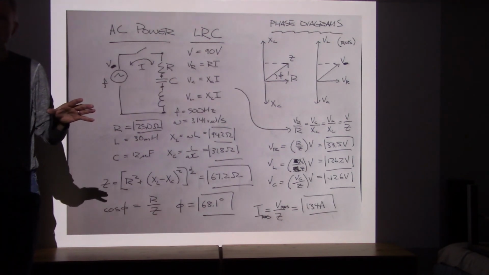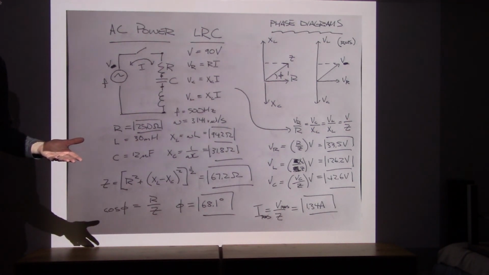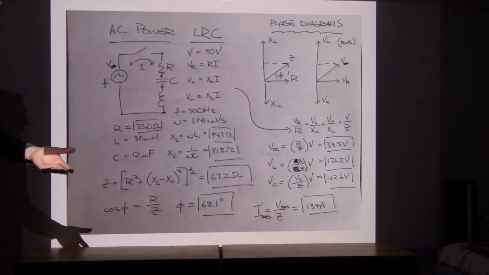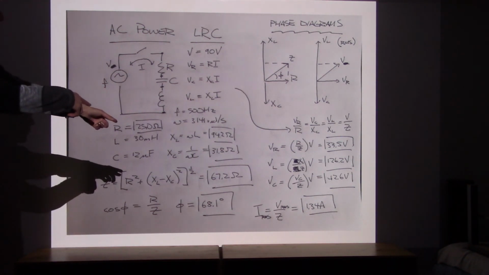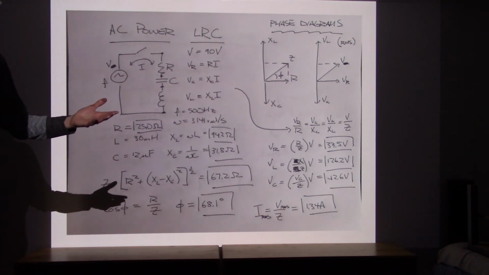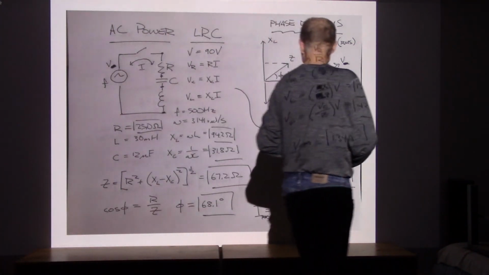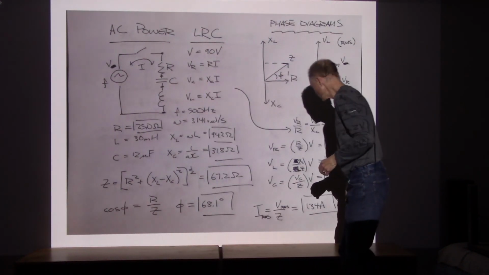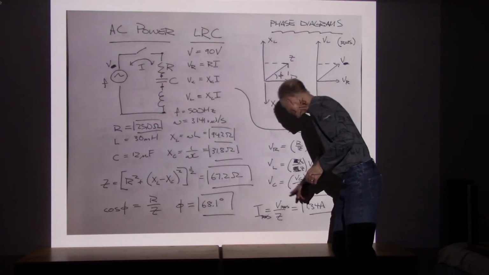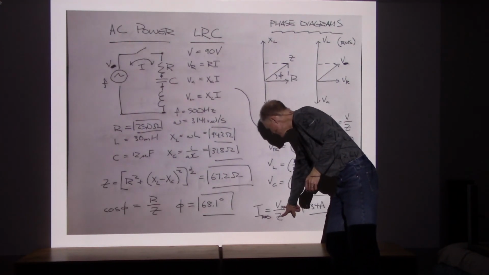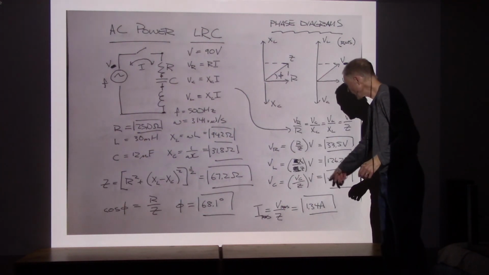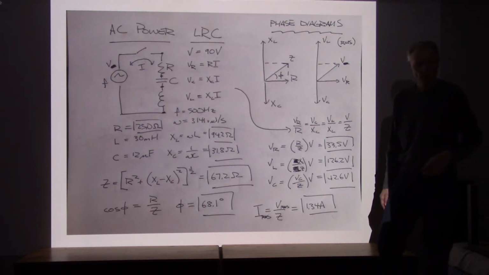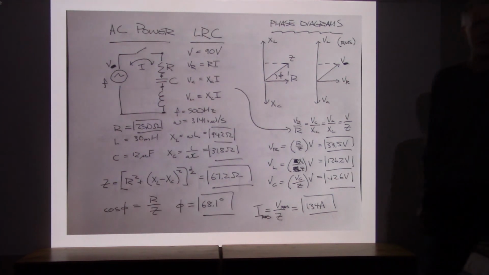So I've got all the voltages, I've got all of the resistances, the reactances, oh, we never got the current. That's the most important item. So the current is given by V divided by Z, and it says that I will have an RMS current of 1.34 amps.